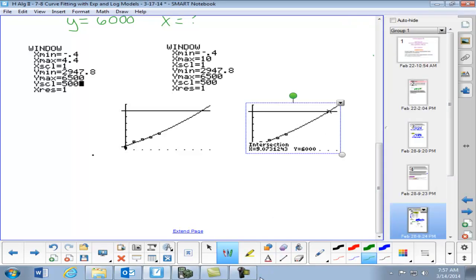And you should see that the tuition will be $6,000 sometime in 9.07 years. So it's in 9.07 years, but you got to be careful because it asks when. And usually when they ask when, they want a year.